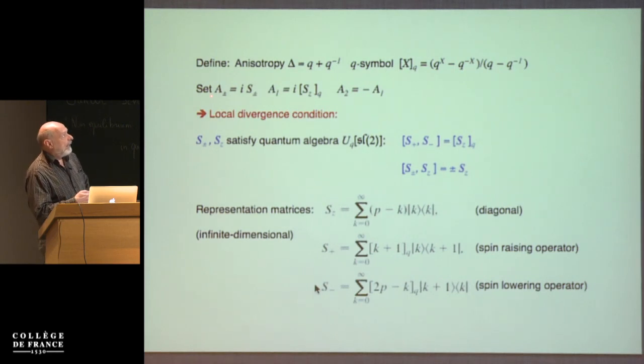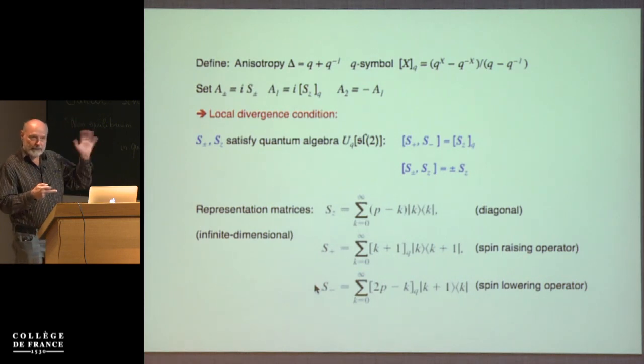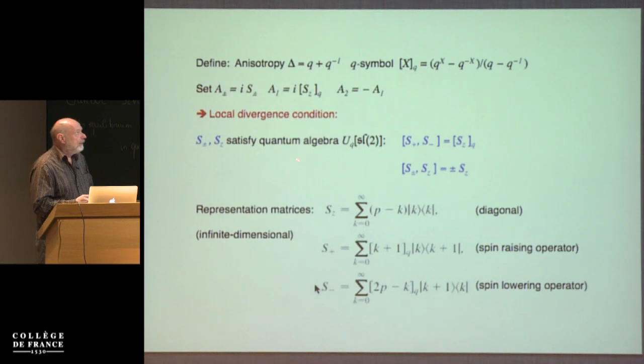And then for my matrices, I set them equal to i times another matrix, so this would be A plus minus. The A1, which was the upper left on the diagonal, I set to i times this q expression of the matrix SZ, and A2 I set to minus A1. And then the local divergence condition, which we impose on these matrices, will be solved if we assume that these matrices S plus and S minus, which are equivalent to the A's, satisfy a certain algebra, which is called the q-deformed algebra of SL2, and which is defined in this way.